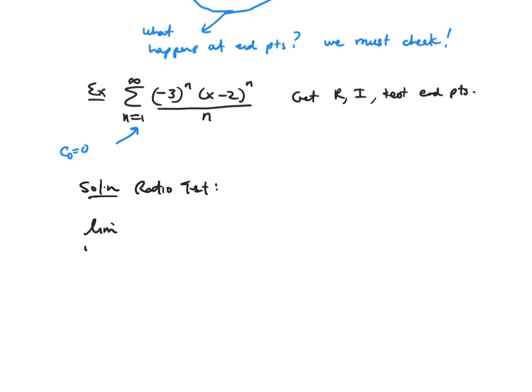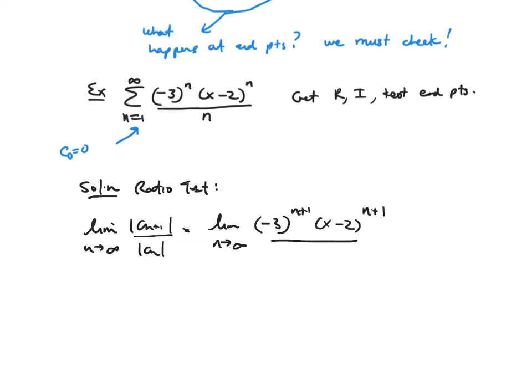So limit n to infinity, a n plus 1 over a n. A n plus 1 is minus 3 to the n plus 1, x minus 2 to the n plus 1, all over n plus 1, absolute value, multiplied by the reciprocal. There's n, minus 3 to the n, x minus 2 to the n, absolute value.